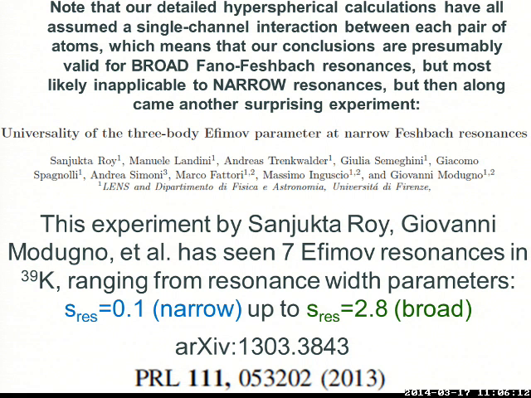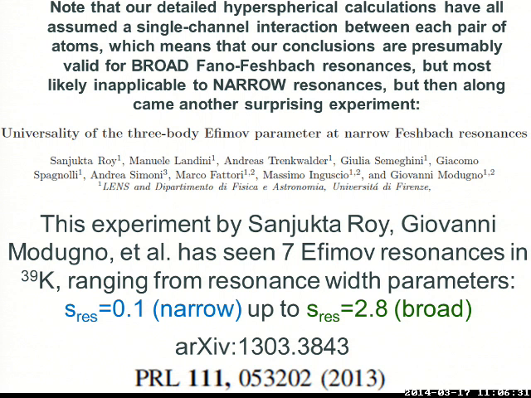For a single atom, the 39 isotope of potassium, they were able to observe 7 Efimov resonances. Now these were not 7 going to a single Fano-Feshbach resonance. This was the first resonance for 7 different Fano-Feshbach resonances.